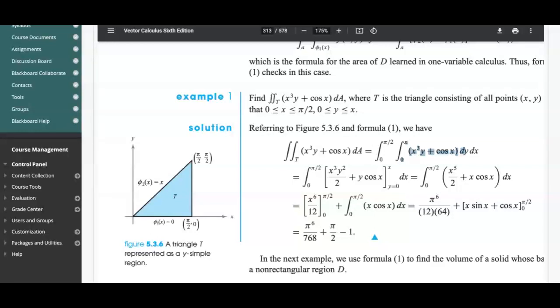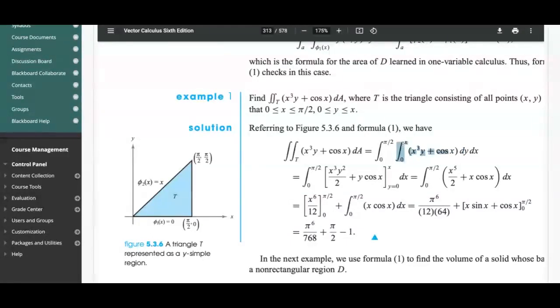Before, our lower limits and upper limits were all numbers, so we could apply Fubini's theorem. Now we cannot because there's a dependency: one variable depends on another variable. So the dependent one we put inside, and the independent one we put outside.